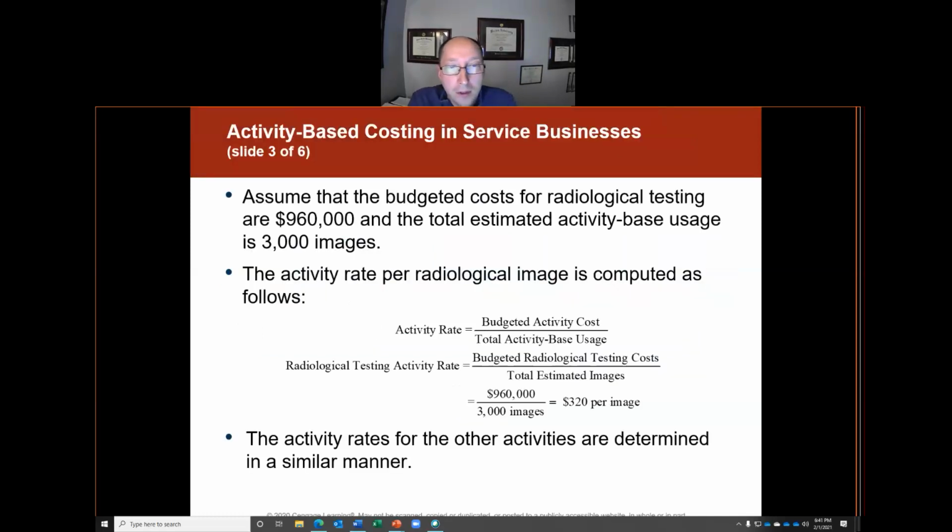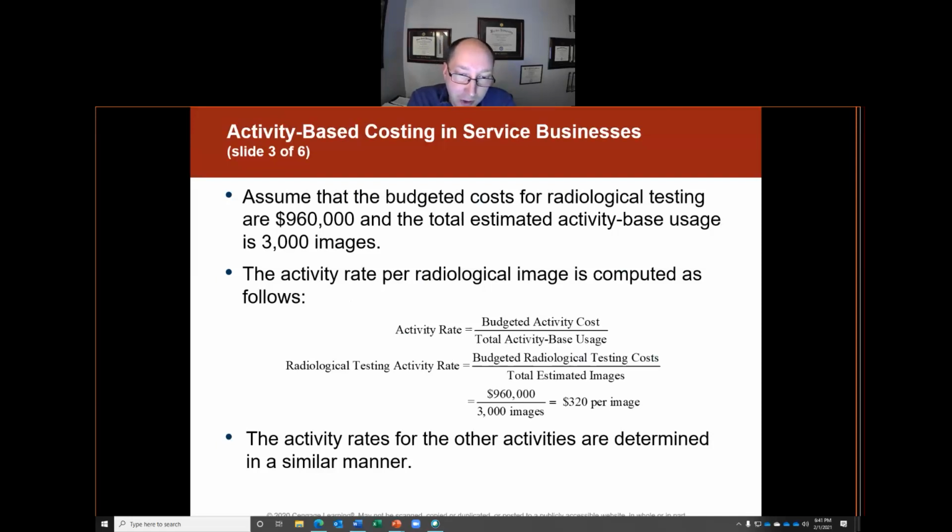So here's the example of imaging or radiology. We assume that the budgeted cost for radiology is $960,000 per year, and the radiology department expects to produce 3,000 images for the year.